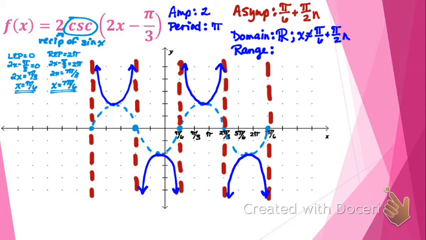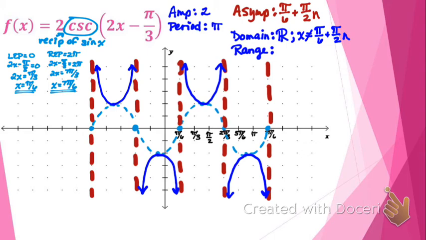I counted by pi over 6. Why is the pi right after the 3? That should be pi over 2. My bad. Thank you. And so this would be pi. 1 pi over 6, 2 pi over 6, 3 pi over 6, yes. And because 2 pi over 6 would reduce to pi over 3, and 3 pi over 6 reduces as well.